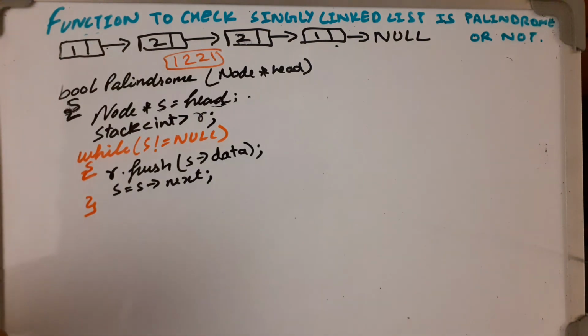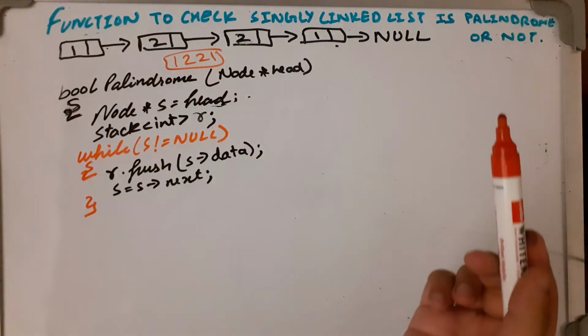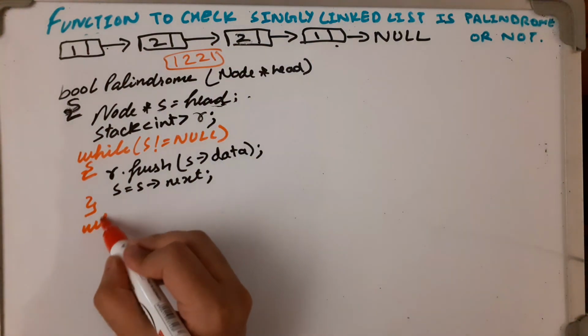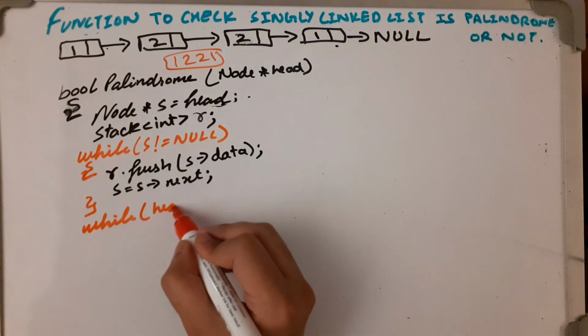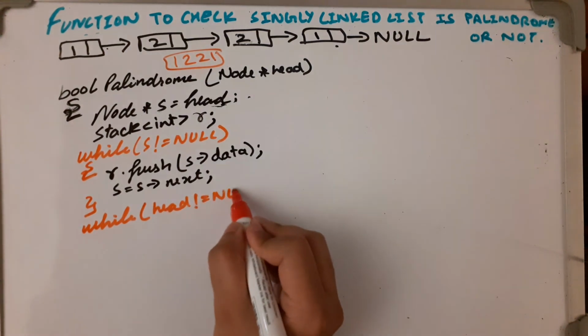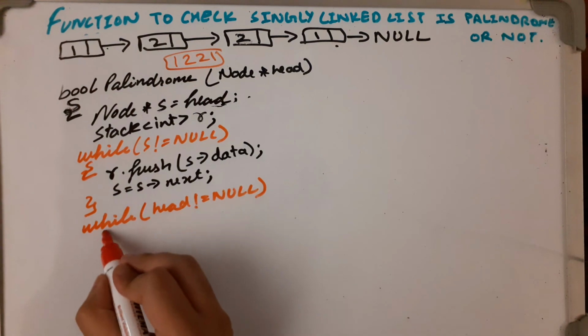Now we have to check the linked list against the stack. The linked list has 1 2 2 1 and the stack has the reverse. Obviously the stack and the linked list have the same length, so I am writing a loop for head not equals null.